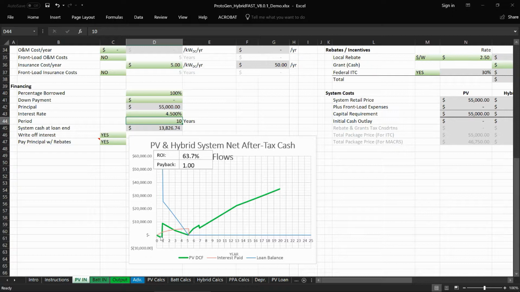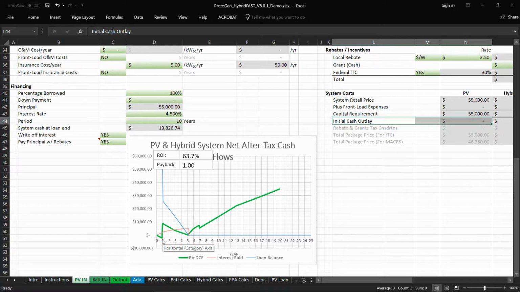You don't have to outlay any initial cash, as can be seen here, but you are going to need to pay on your loan. And because you're paying on your loan, you will be losing money every month when you make that payment, because the loan payment is going to be greater than the avoided cost of energy savings that you're getting from the PV system.